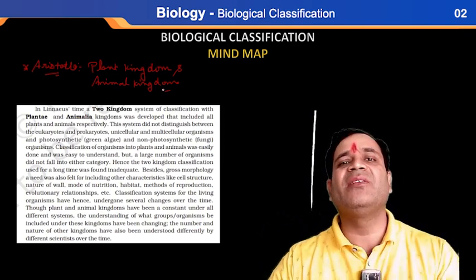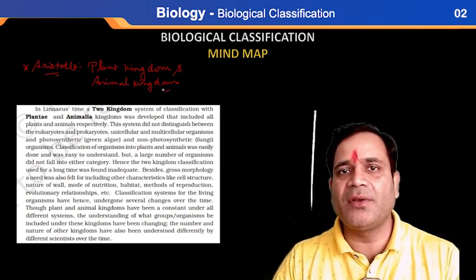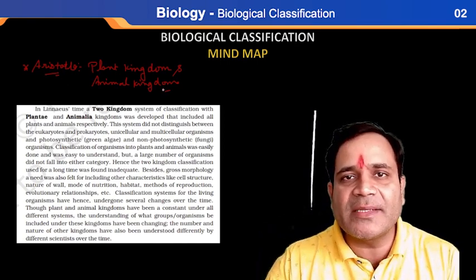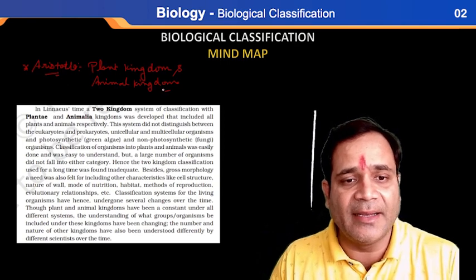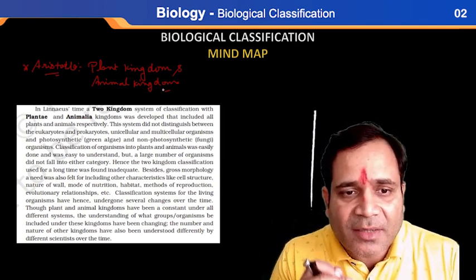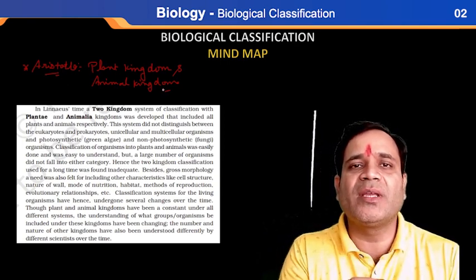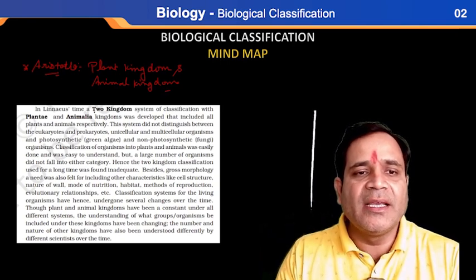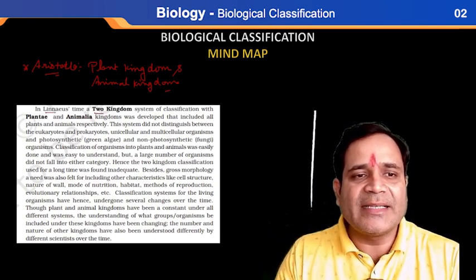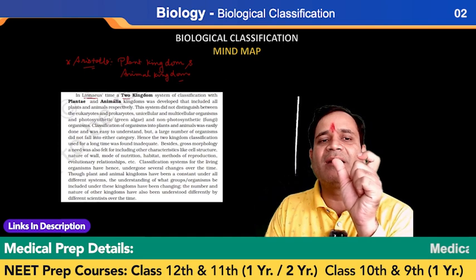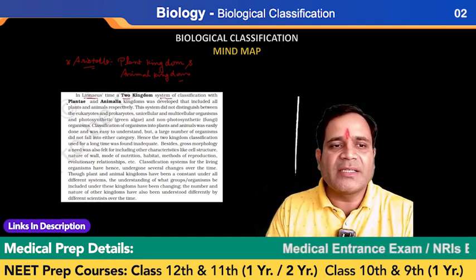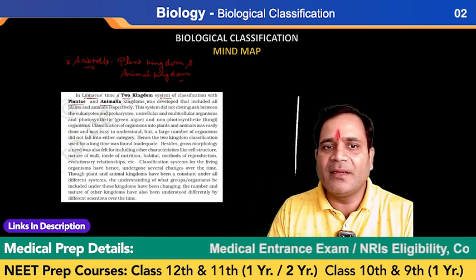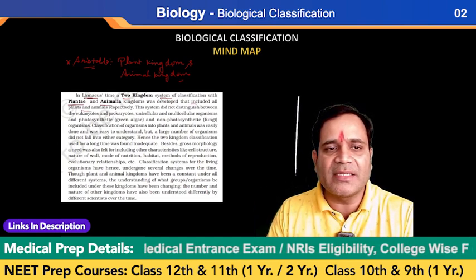That's why we made the three kingdom classification, and that three kingdom classification was given by the scientist Ernest Haeckel. According to Carolus Linnaeus, the two kingdom system of classification, Plantae and Animalia, was developed to include all the plants and animals respectively.